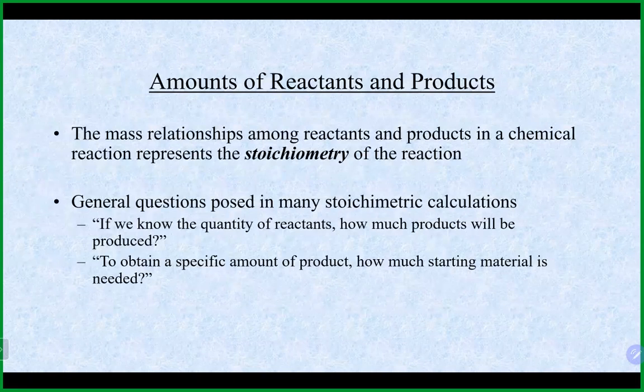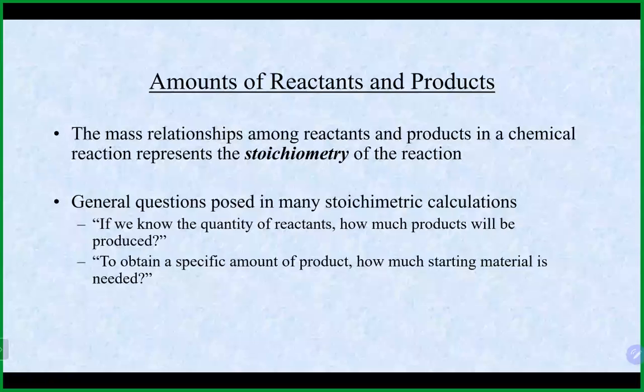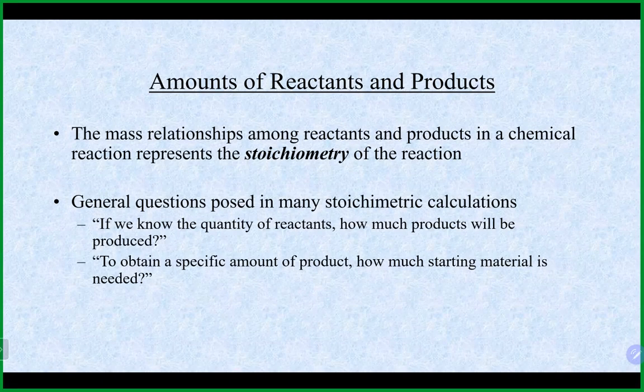And it allows us to answer a bunch of questions that we're sometimes interested in. If we look at an equation and we know how much of a reactant, for example, we're starting with, we could use stoichiometry to predict how much product we should get out in that reaction. We could also do the opposite: if we want to produce a certain amount of product, we can use stoichiometry to figure out how much of the reactants we would need to start with.